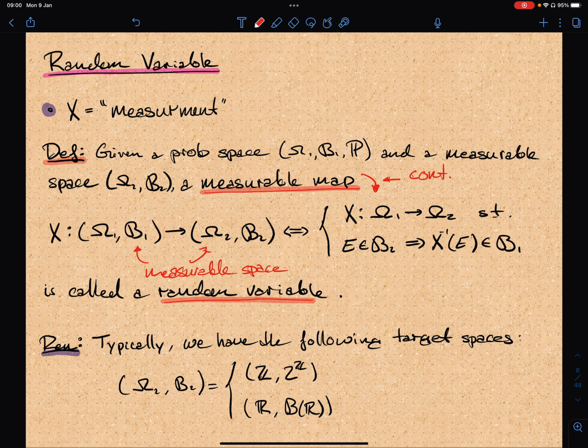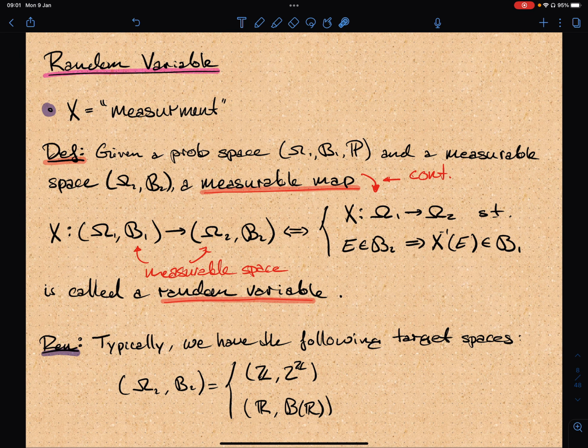And so for most applications, it's going to be clear that things are measurable, and really we're just going to worry about the fact that X is a map from omega 1 to omega 2. And so to recap, X is going to be a random variable if we have a probability space, and X is a map between these two measurable spaces. So this is going to be a random variable.